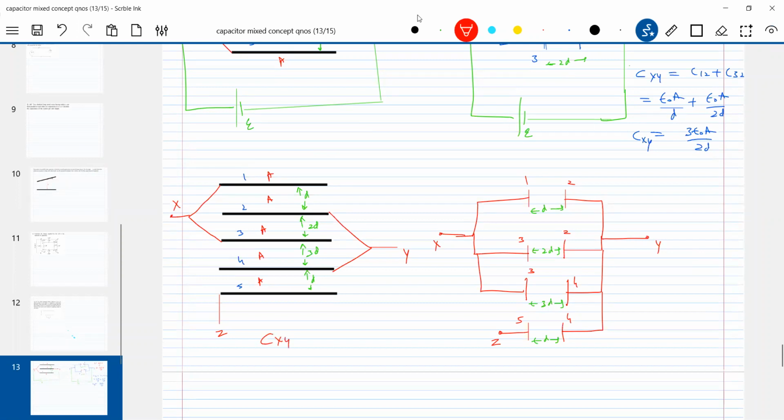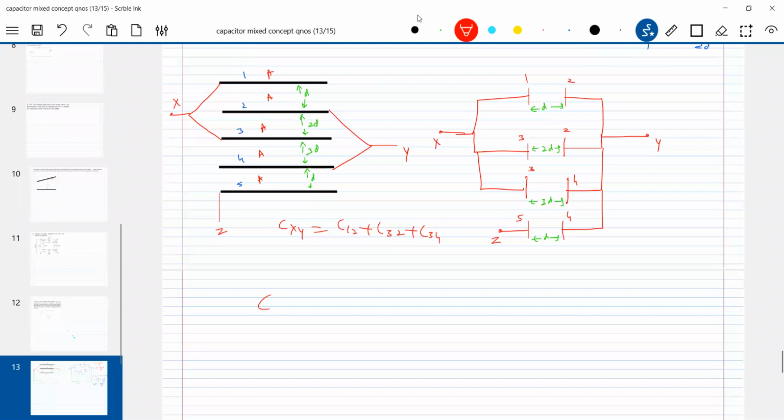Cxy should be equal to C12, C32, C34. If they ask you the Cxz, in that case, Cxy will come parallel to Czy.